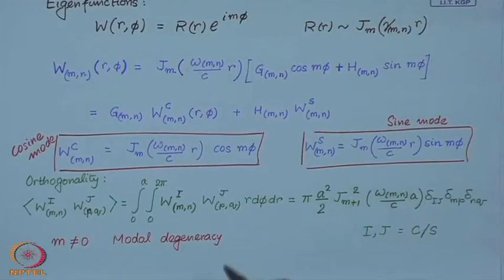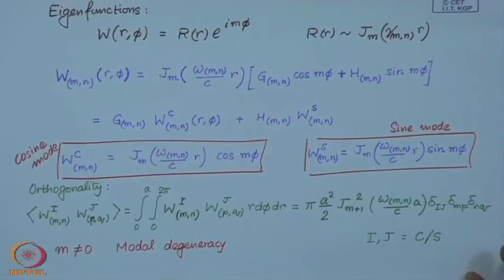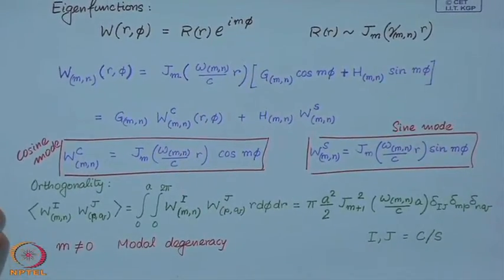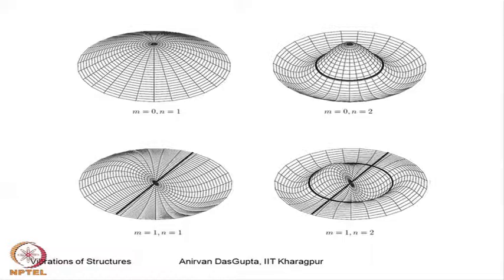Now, let us see how the modes look. In this figure I have plotted some of these modes. These two are the symmetric modes, m equal to 0; this is the first, corresponding to the first root, n equal to 1, and this is n equal to 2.